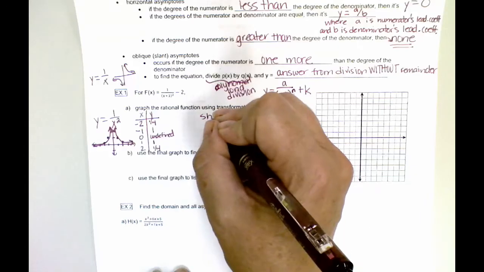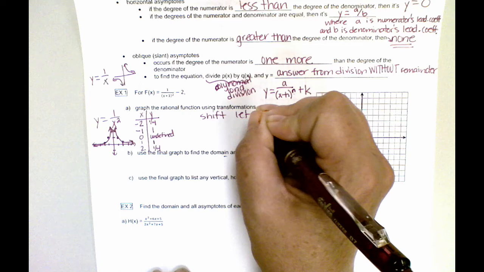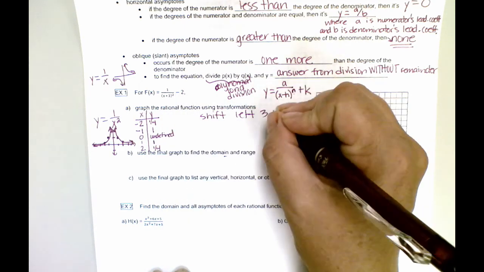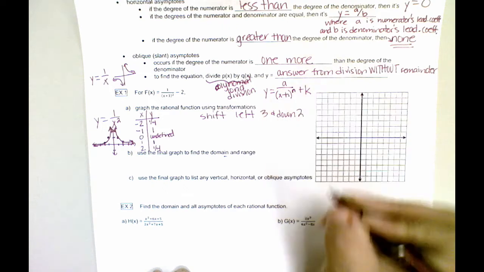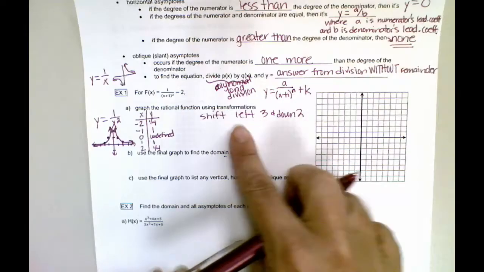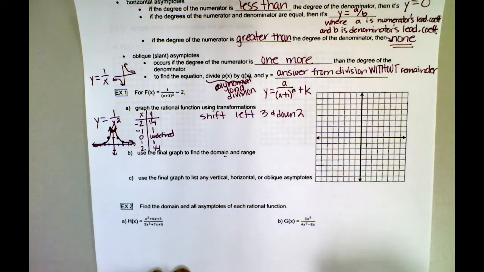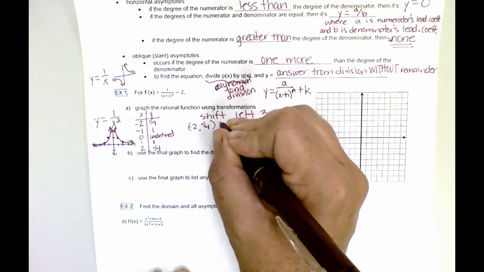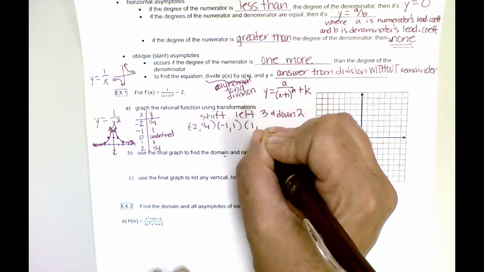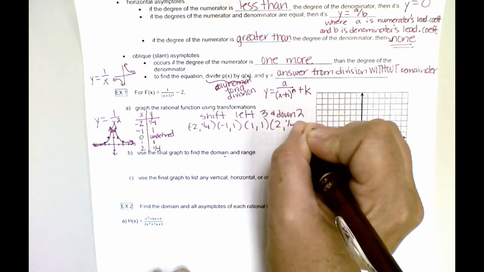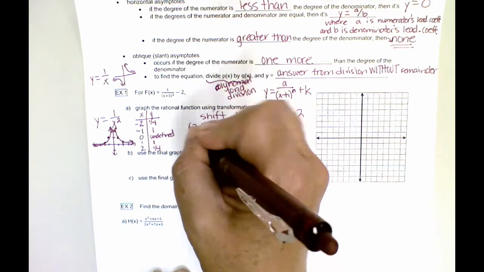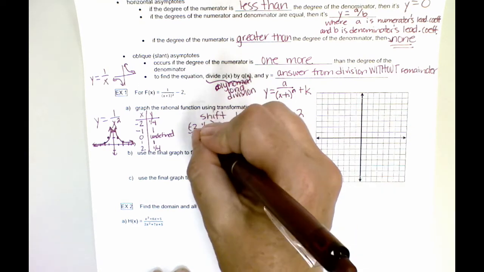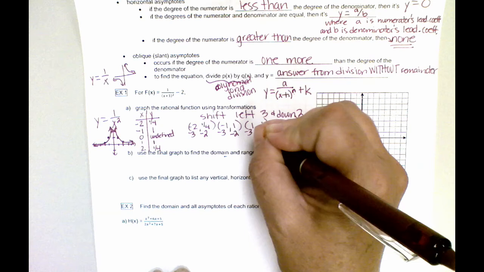This is going to have us shift left 3, because that's my h value, and down 2, because that's my k value, which means left 3 is going to be subtracting 3 from the x coordinates. So I had -2, 1/4, negative 1, 1, 1, 1, and 2, 1/4. So left 3 means minus 3 on all the x's. Down 2 means minus 2 on all the y's.